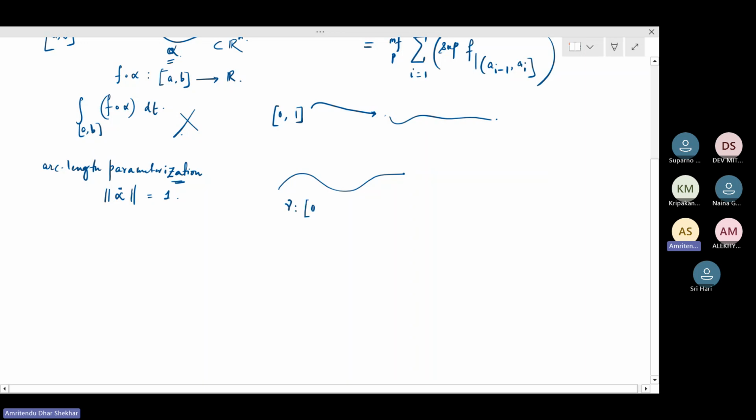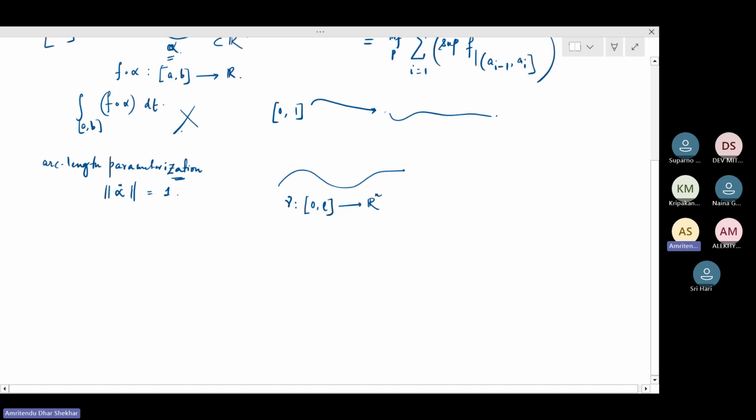Let's say gamma from 0 comma L to Rn is one parameterization of the curve. But if you drop your speed to half, then you are likely going to take twice the amount of time to cover the length of the curve. So you could have another parameterization of the curve where you take 2L time to reach Rn.